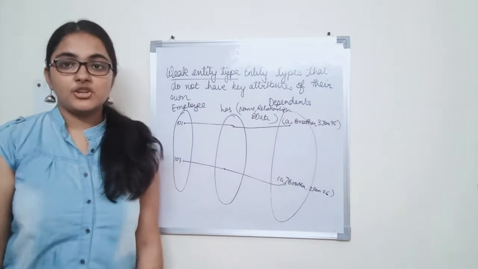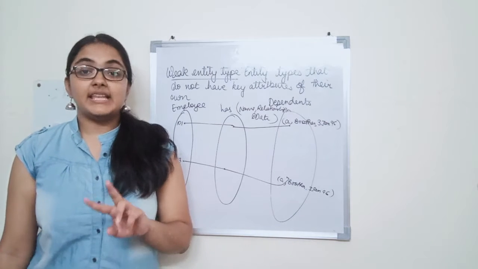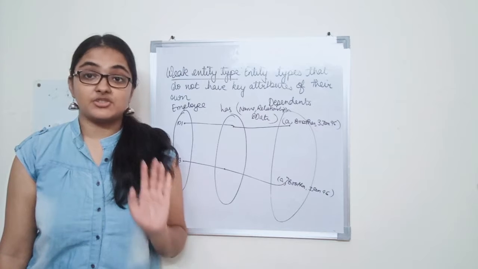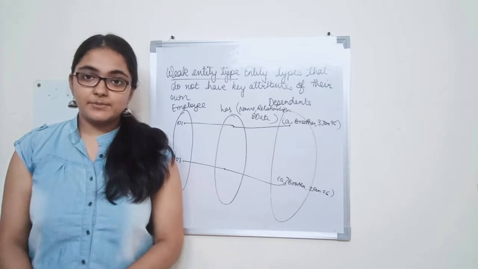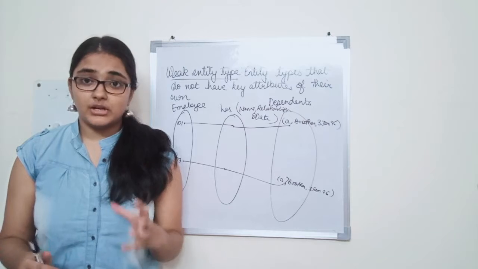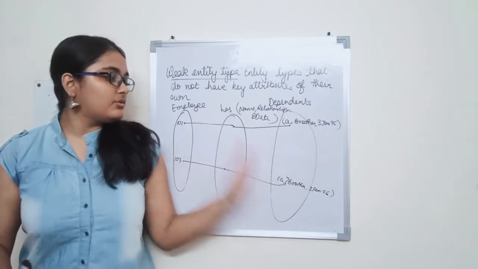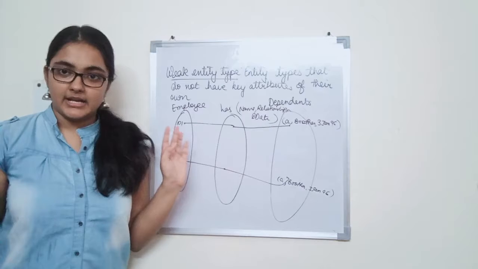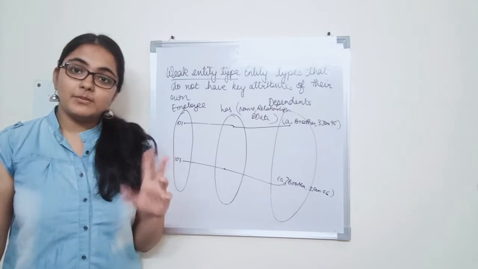Now the participation of a weak entity type in the identifying relationship always has to be total participation. Why? The participation of the weak entity type in the identifying relationship has to be total because let us say if these two are not related to any entity in the employee entity type, then what happens? The problem remains the same.